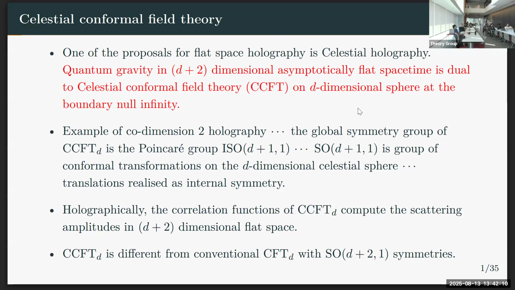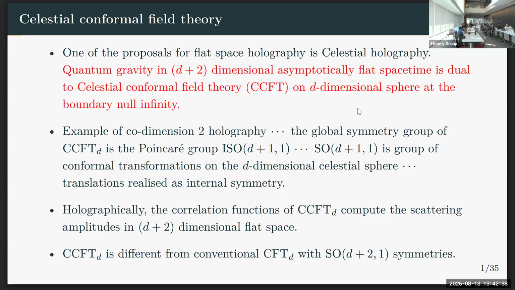Right. Holographically, we expect that the correlation functions of the celestial CFT compute the scattering amplitudes of (d+2)-dimensional space-time. That's the basic prerequisite for it to be a holographic theory. Now I want to say that this celestial conformal field theory is very different from your conventional conformal field theory. First of all, the symmetries are different.